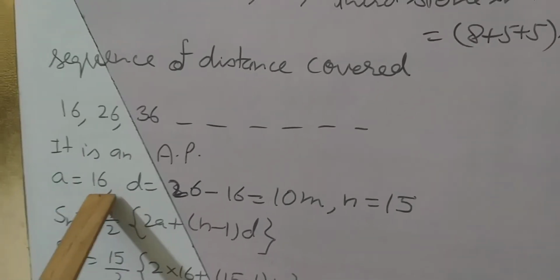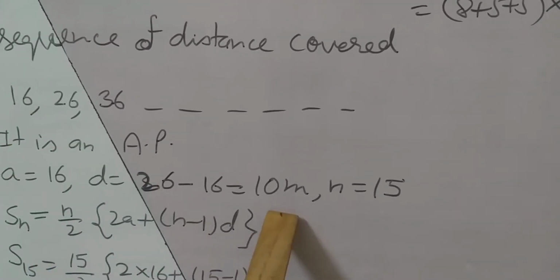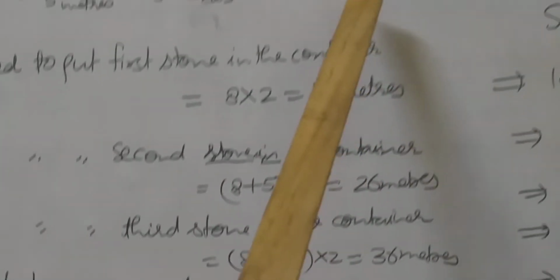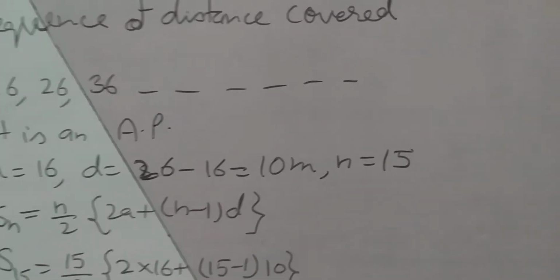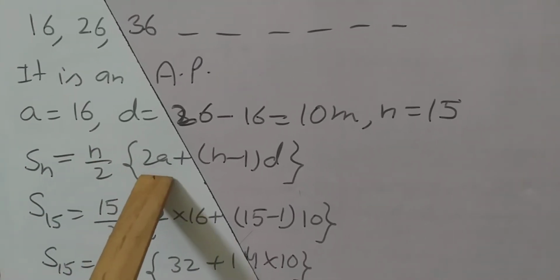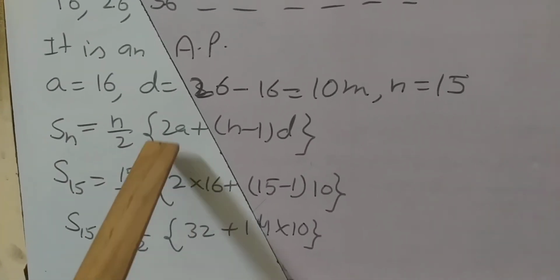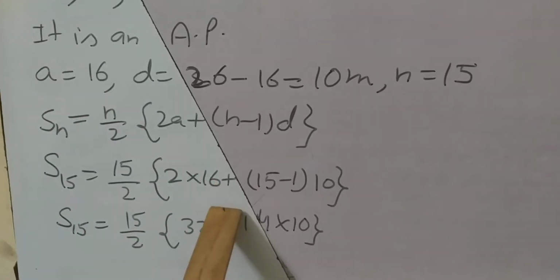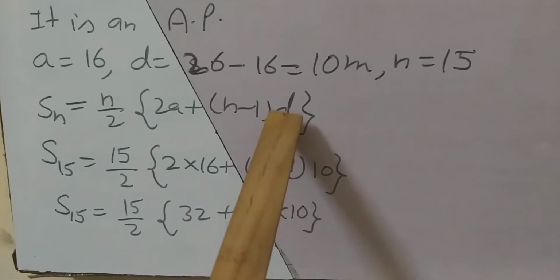So A equal to 16, the first term; D equal to 26 minus 16, 10 meters; and there are 15 stones, N equal to 15. We have to find the total distance, meaning Sn. Sn equal to n upon 2 into (2a plus (n minus 1)d), so 15 upon 2 into (2 into a value 16 plus (n value 15 minus 1) into d value 10).